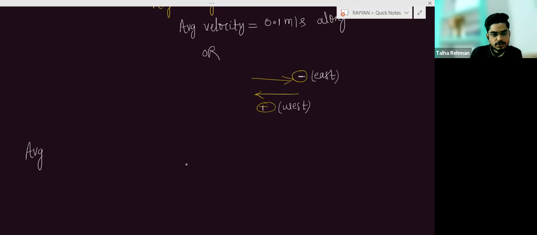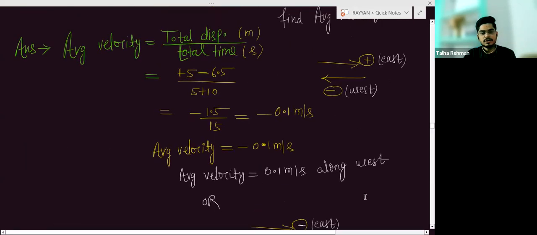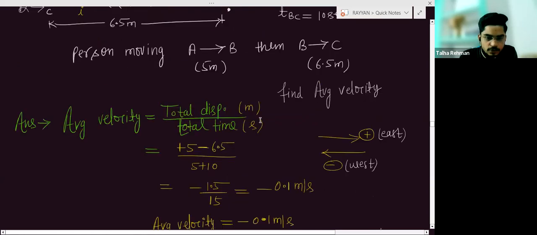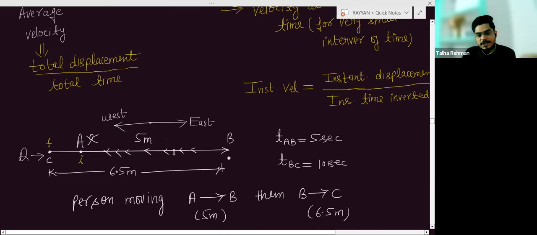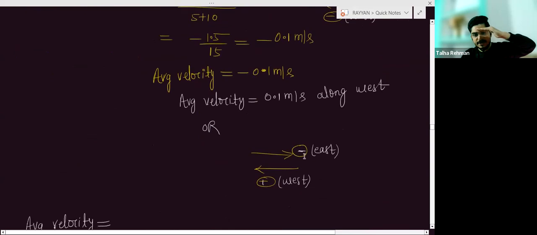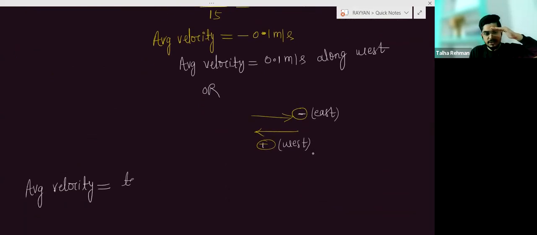Average velocity is equal to the total displacement divided by the total time. Now, the displacement from A to B is in this direction, which is the east direction. You have taken the east direction as negative.